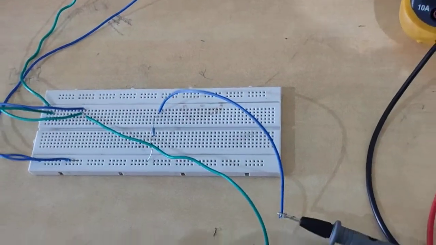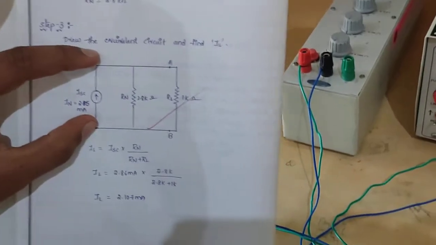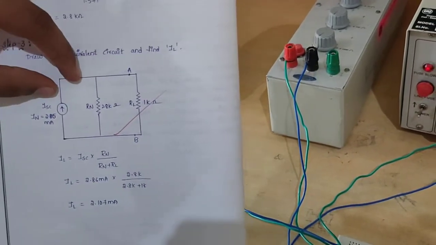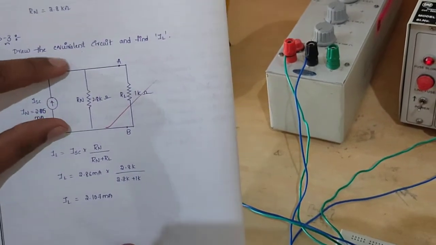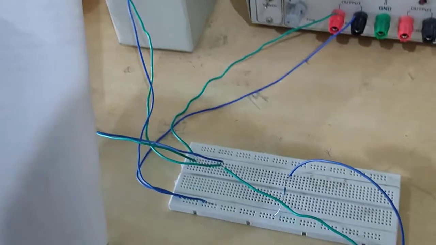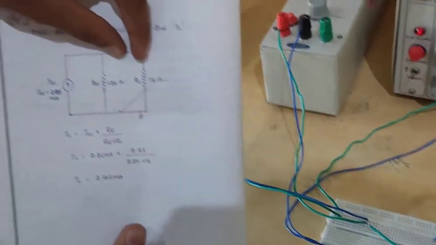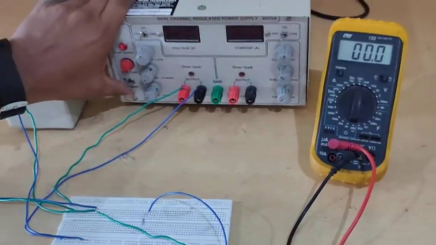So what connections did I make here? Here I made a source, right? A voltage source. Here I placed one ammeter so that it can measure what current it is giving, and I have placed RN parallel here, RN parallel and RL parallel. Okay, here I have placed one more ammeter so that it will measure the IL current. Okay, so let me switch on the circuit once again.